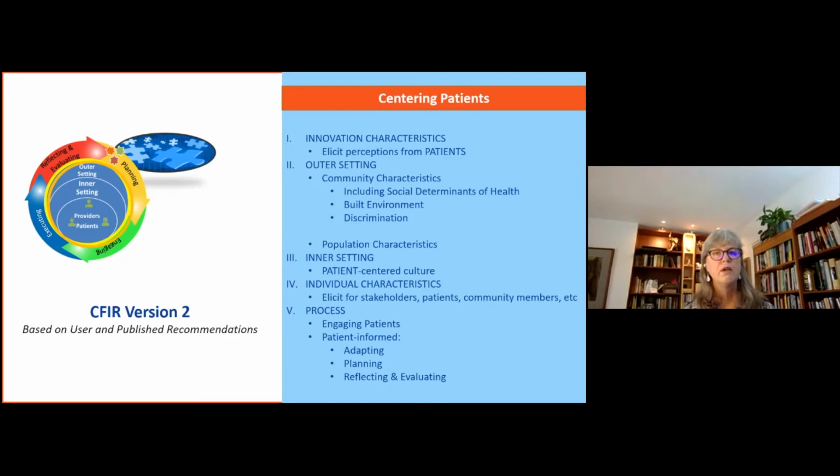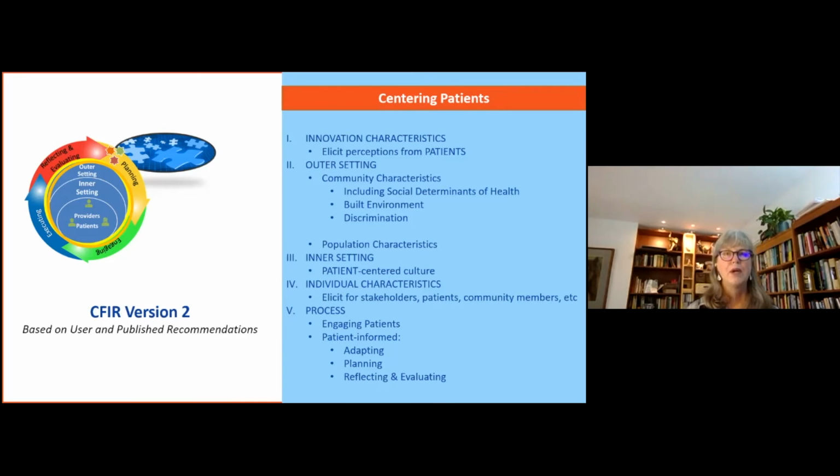And then the third major category of individuals are the patients who receive the benefits or receive the treatment, receive the innovation. And that latter group are really outside the purview of the CFIR because they are considered part of the innovation, the outcomes from the innovation themselves. But they're all interrelated.